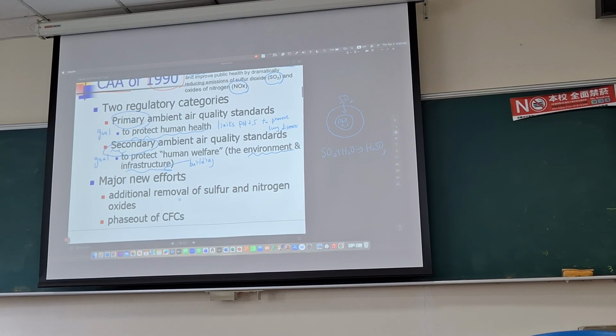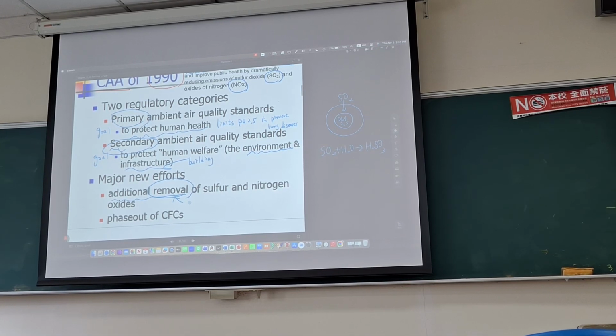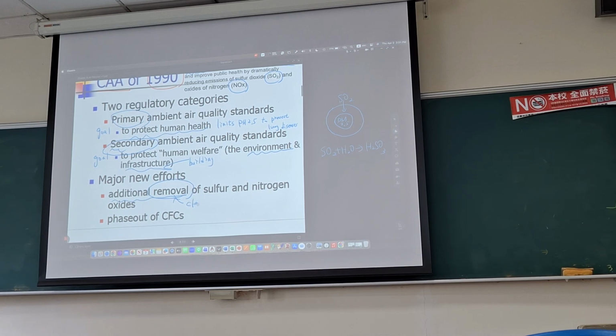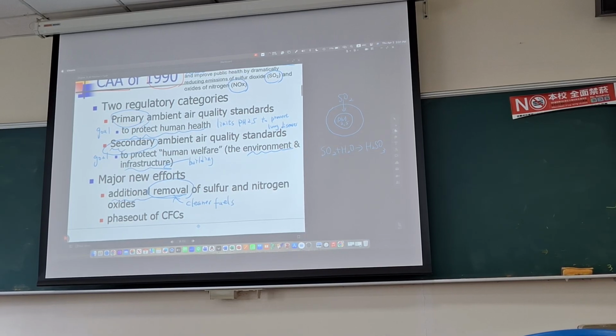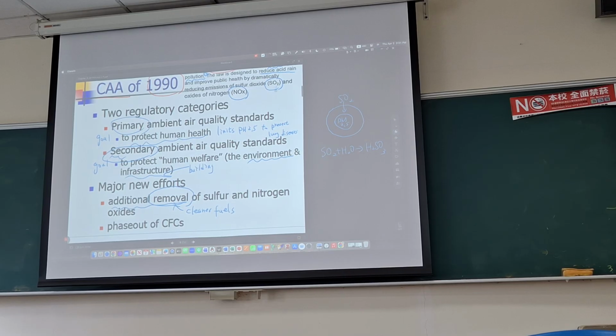So the new efforts, the additional removal. Some scientists invented cleaner fuels to remove the sulfur and nitrogen oxide. We know sulfur dioxide will cause acid rain, right?